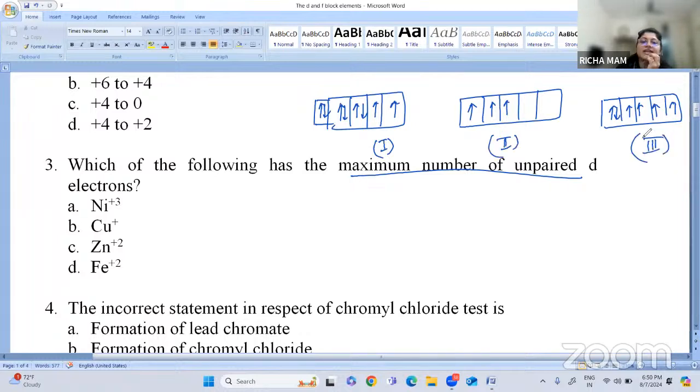Can you tell me in which case the number of unpaired electrons is more? First we will see this and then we will go for the question. I should understand that you know what unpaired electrons are.